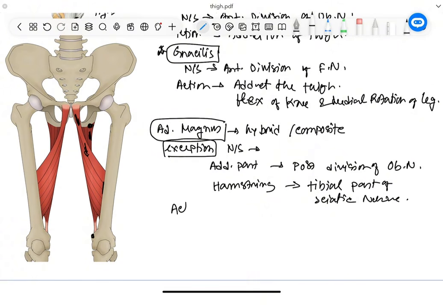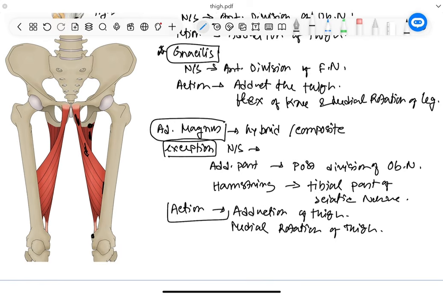And what is its action? Its action is adduction of the thigh as well as medial rotation of thigh. These are the two main functions of the adductor magnus.